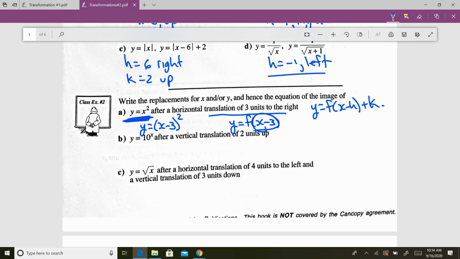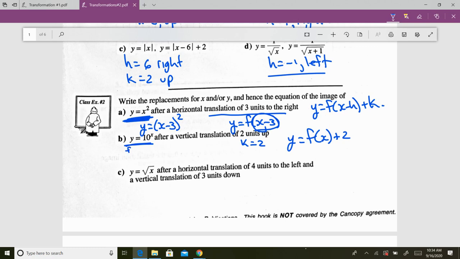Okay. Y is equal to 10 to the power of x after a vertical translation 2 units up. 2 units up is what value? K. So that means our general formula will be f of x, because h is 0, plus 2. So what does this 10 to the power of x become if we move it up 2 units?